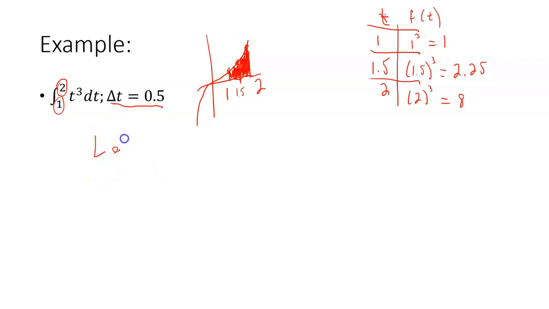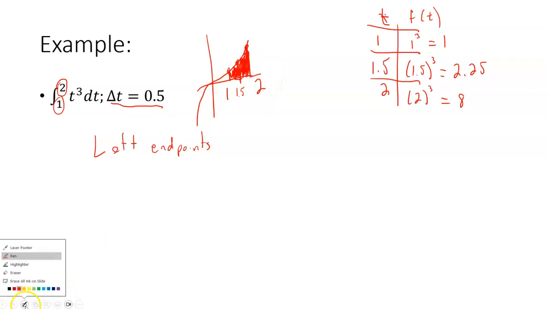Okay, so we're going to look at left endpoints to start with. Since I'm doing this in step sizes of 0.5, we actually have 2 rectangles. So I've got 1 to 1.5, and then I've got 1.5 to 2. Pulling from what we knew from Euler's, I want the area of those rectangles.